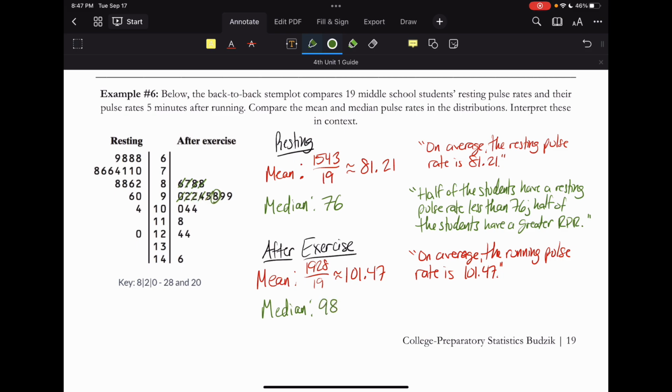Gets me a median of 98. So we can say half of the students have a running pulse rate less than 98. And then half the students have a greater running pulse rate.